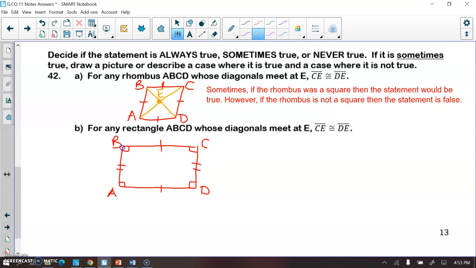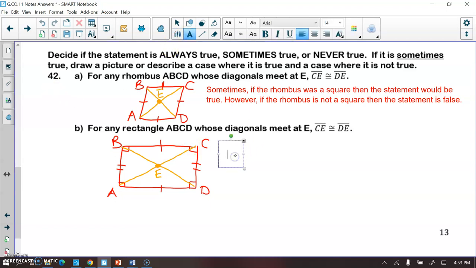And then they want us to draw our diagonals in and have them meet at point E. Okay, so they want to know, is CE congruent to DE? In this situation, it is always. A rectangle has congruent diagonals.